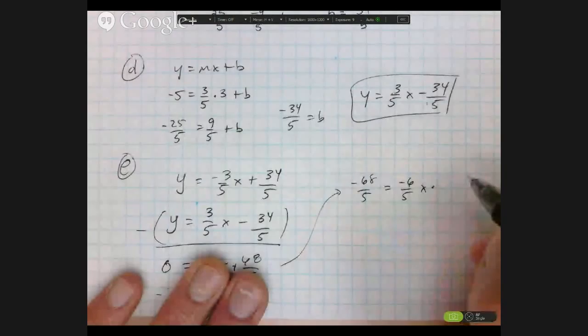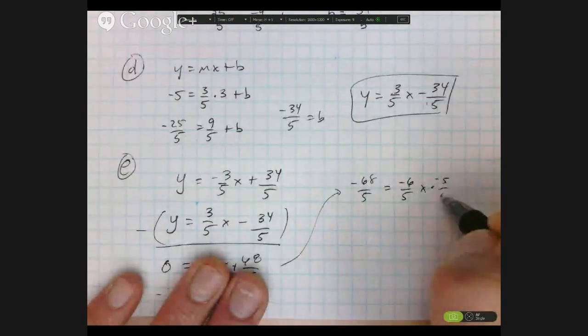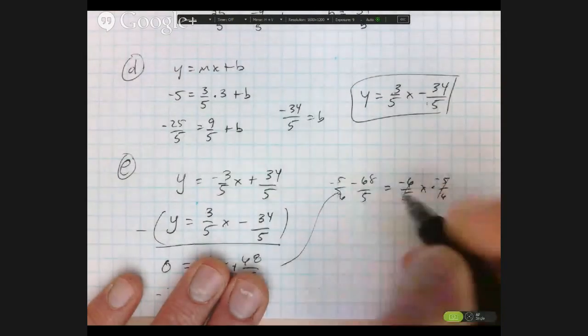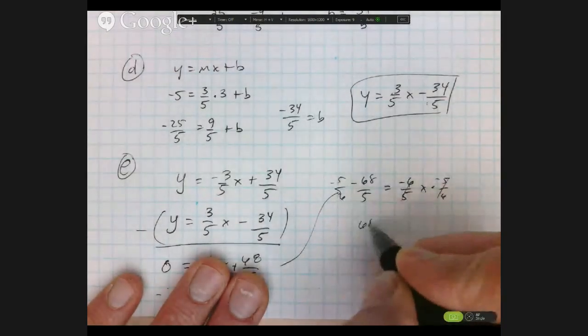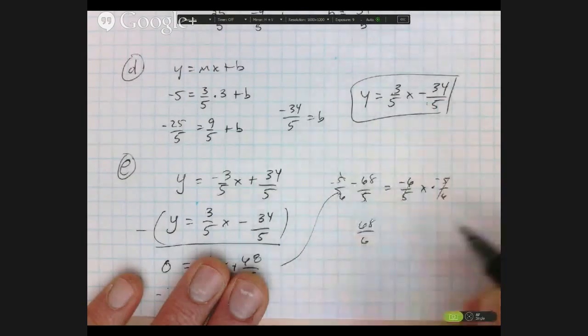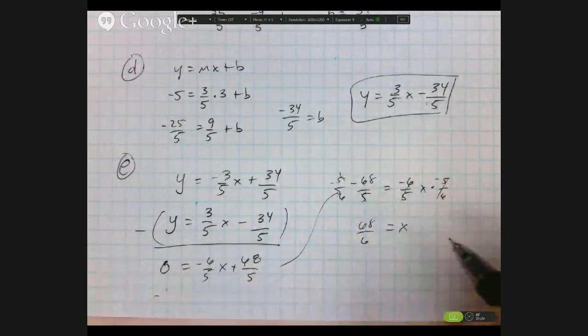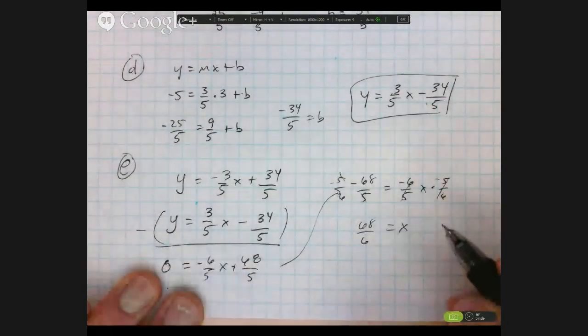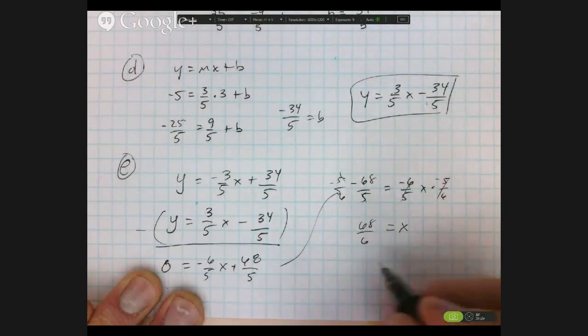And then multiply by -5/6, because that eliminates these two. So we get 68/6, because those cancel. And that is, if you reduce it, 34/3.